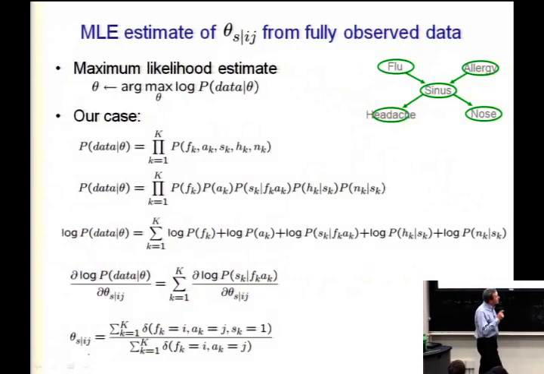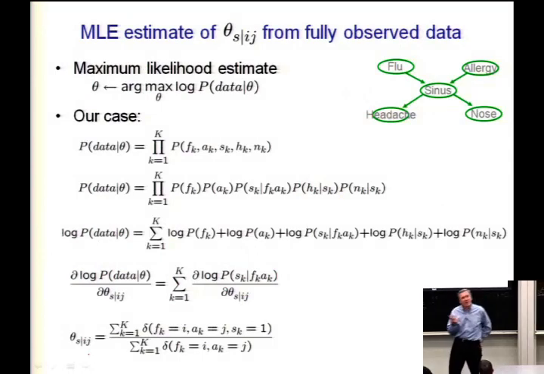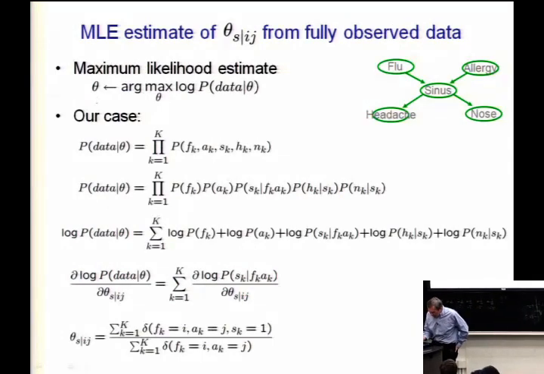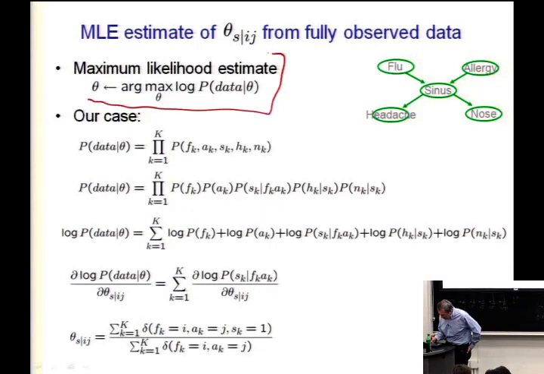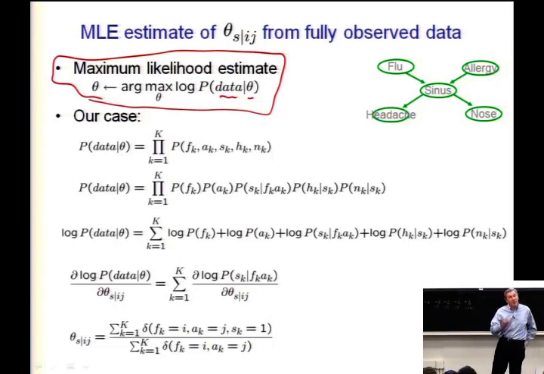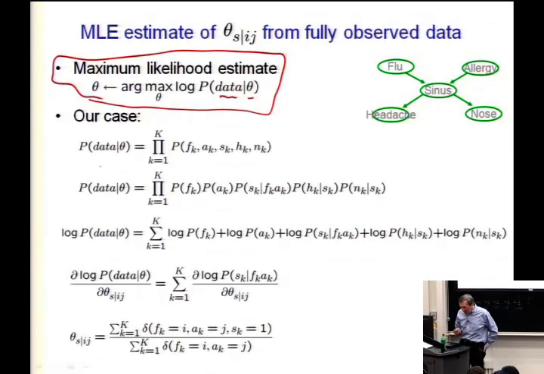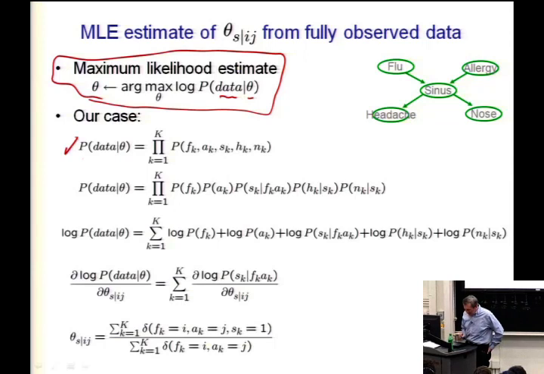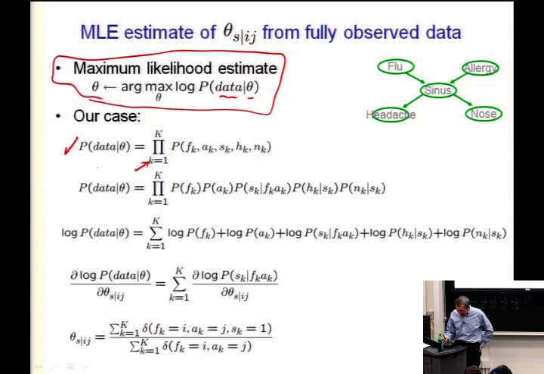Here it is. So if we wanted to prove this, the way we would do it is we'd say, well, of course, maximum likelihood means that we want the theta that maximizes the probability of the observed training data given theta. And so we have to start by writing down the expression for the probability of all of the training examples given theta. How do we do that? Well, that's here. The probability of the data given theta is just the product over, again, this is our kth training example.